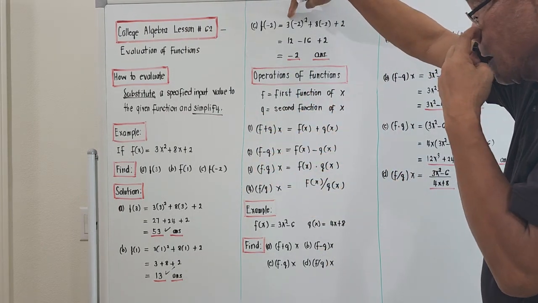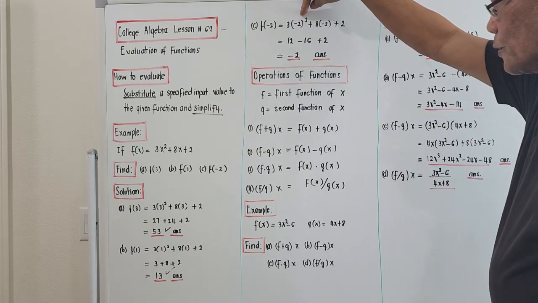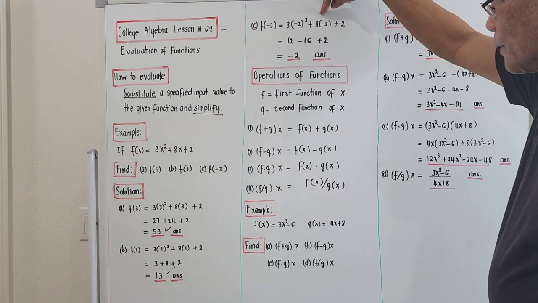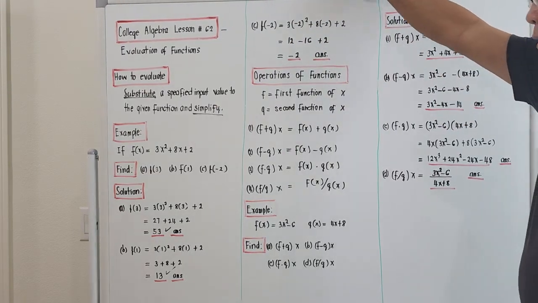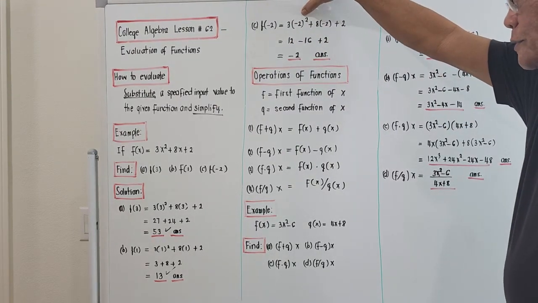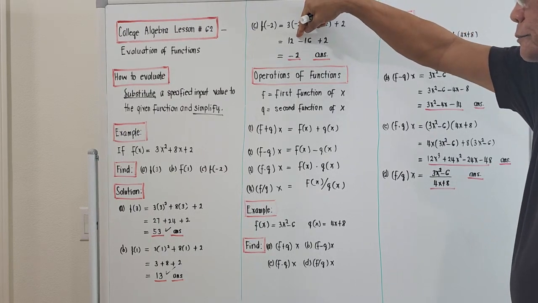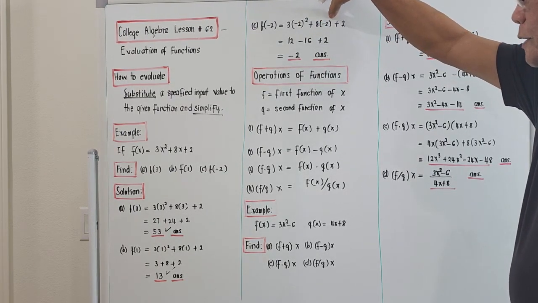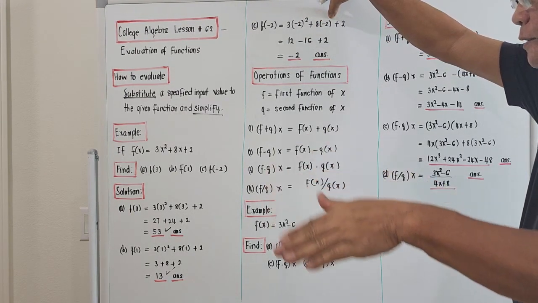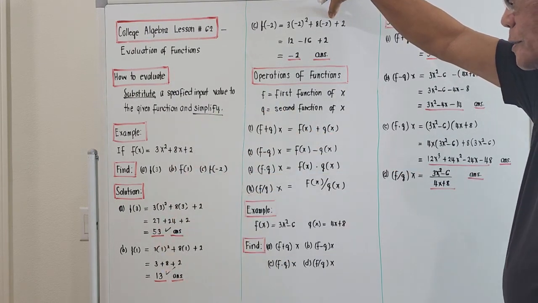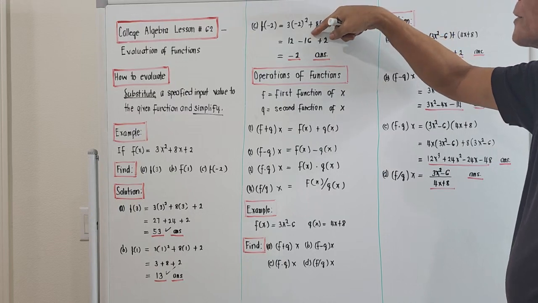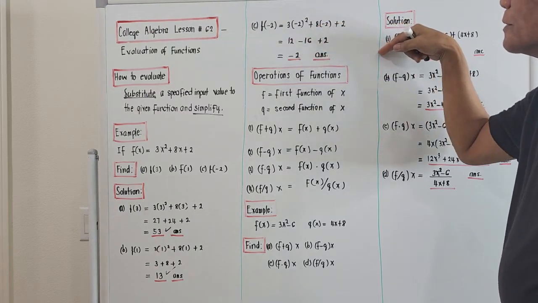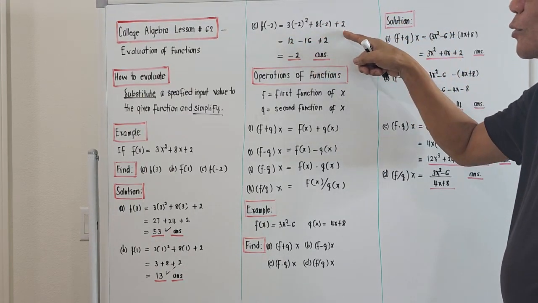So this will be 3 times negative 2 squared plus 8 multiplied by negative 2 plus 2. Simplifying this one, negative 2 squared is actually 4 times 3, that will be 12. 8 times negative 2, we are now applying the rules of fundamental operations. A plus and a minus will be a minus. This is negative 16 plus 2. Taking the summation, 12 plus 2 will be 14.